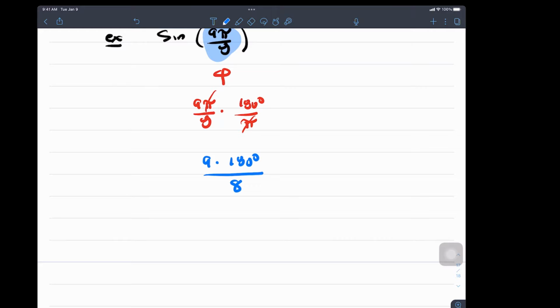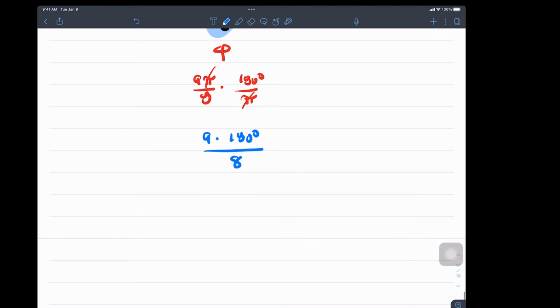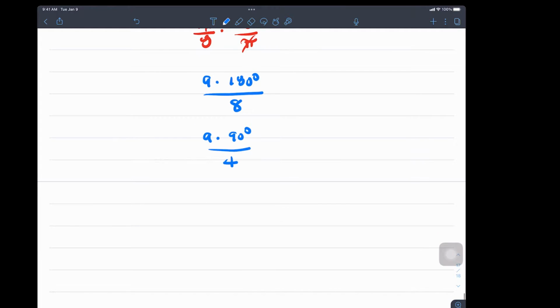So double check. What does that actually give you? Anybody know? You can say the following here, right? 9 times, can I divide both 180 and 8 by 2? So it's 90 degrees over what? 4? Is that true? Okay, so we say 9 times 90 divided by what? 4.